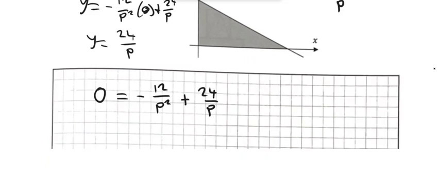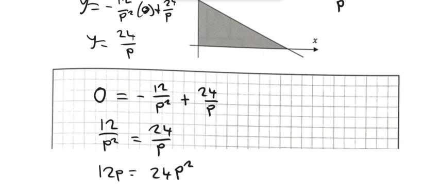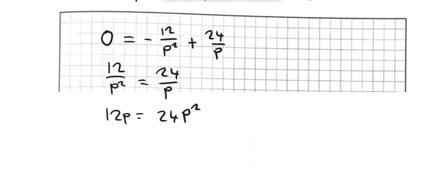So bring it over to the other side. 12 over p squared is equal to 24 over p. 12p is equal to 24p squared. You can divide both sides by 12p there. So you get 1 is equal to 2p.